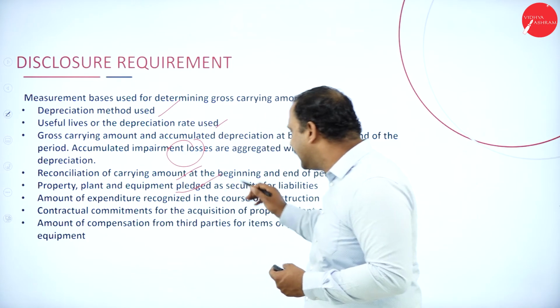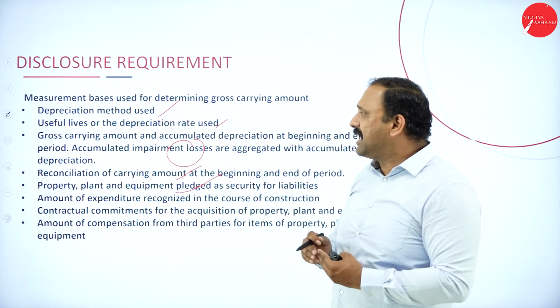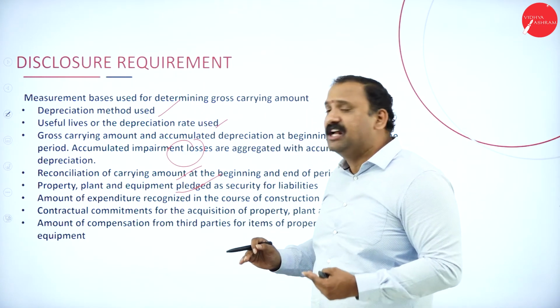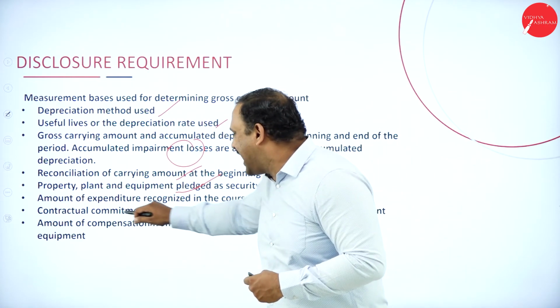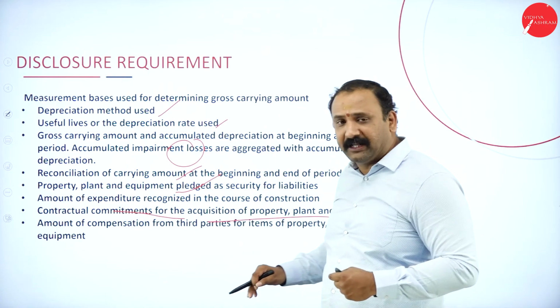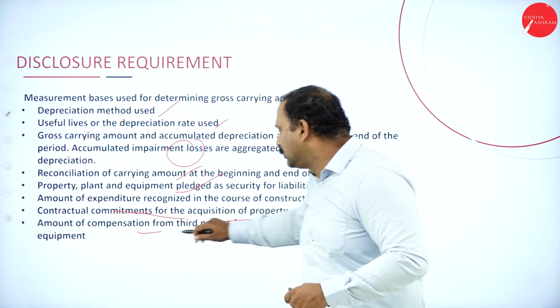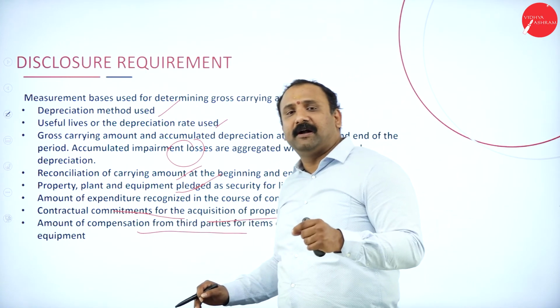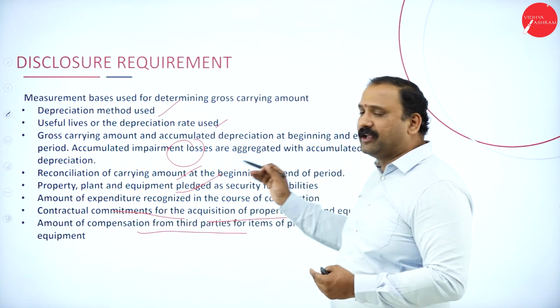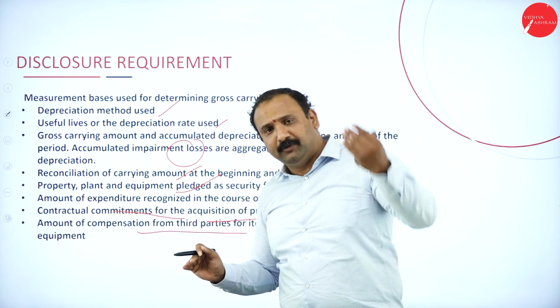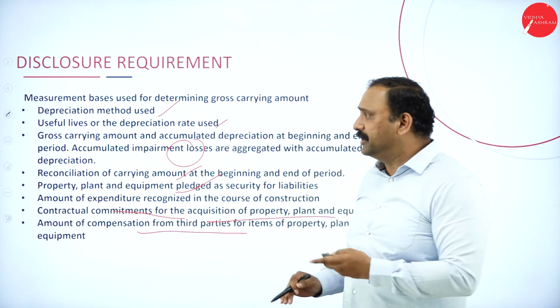The property and plant that has been pledged as security for liabilities. All these factors are there. Any contractual commitments for acquisitions of property and plant. Also, the amount of compensation from third parties for items of property and equipment will also be disclosed here.